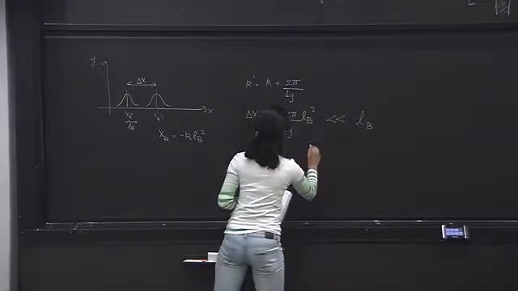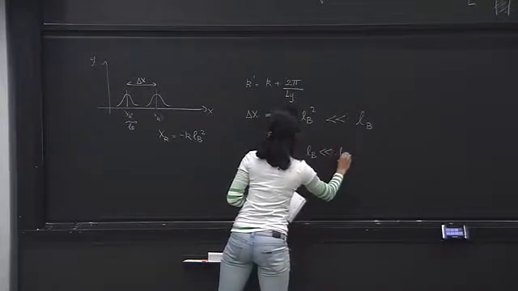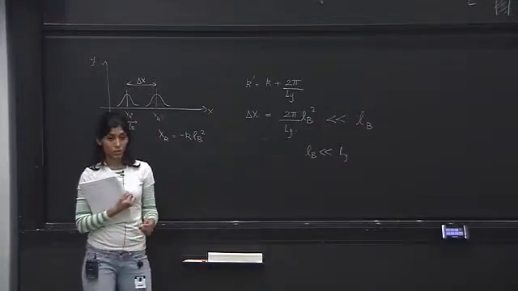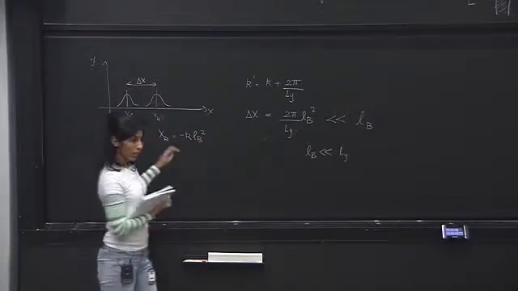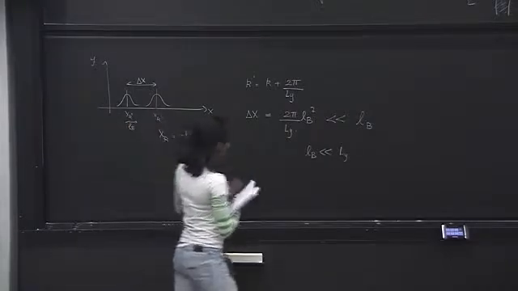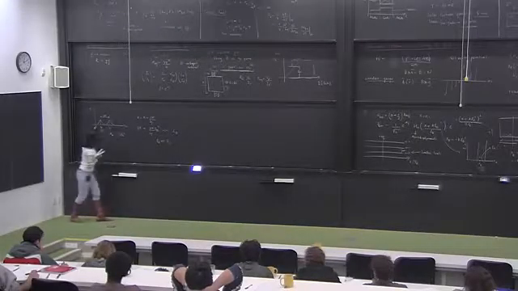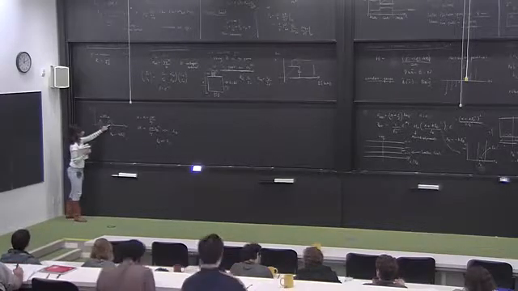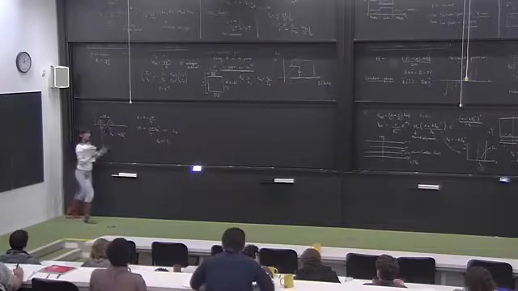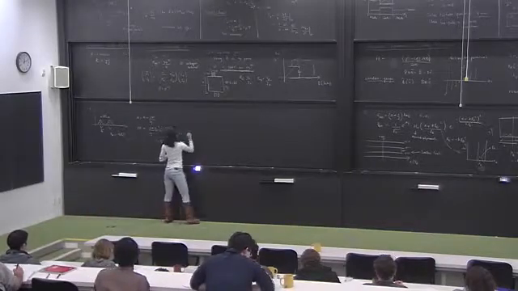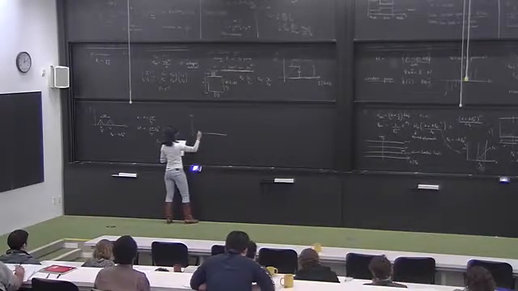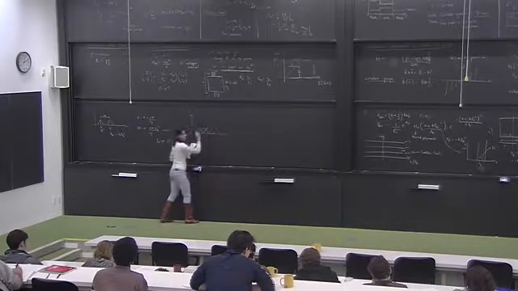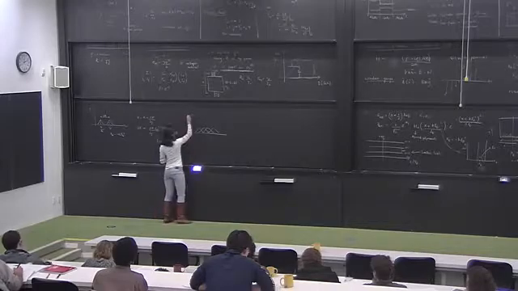The reason that's true is because the magnetic length is much, much smaller than the size of the system in the y direction if I pick a strong field. So that means the more correct picture, instead of drawing eigenfunctions centered around different points which are well separated, is that I have overlapping Landau orbitals.